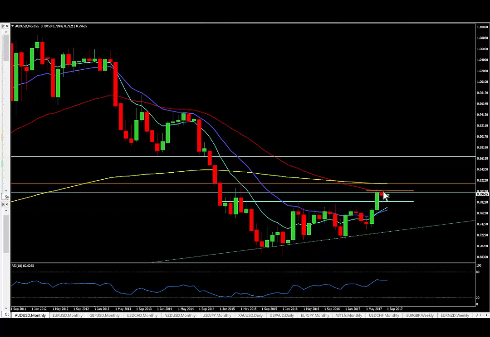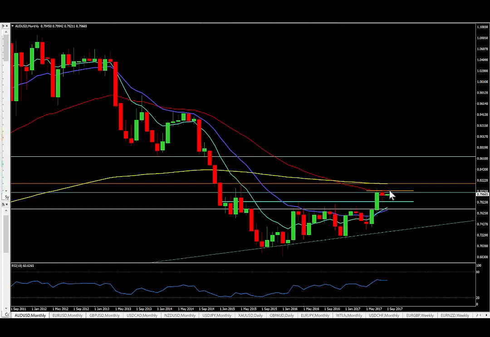But also we need to get past this 50 EMA on the monthly, which is a very important major EMA to break. Of course, there's going to be some further obstacles on the way, but in between this and the 200 EMA, which is this yellow one here, we have actually got a little bit of room for some upward movement.